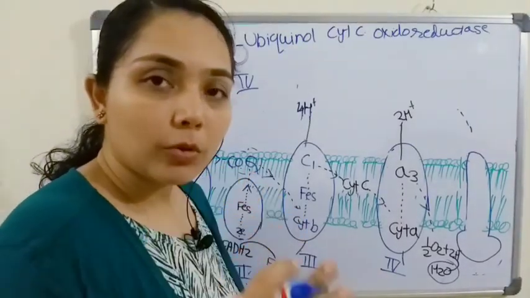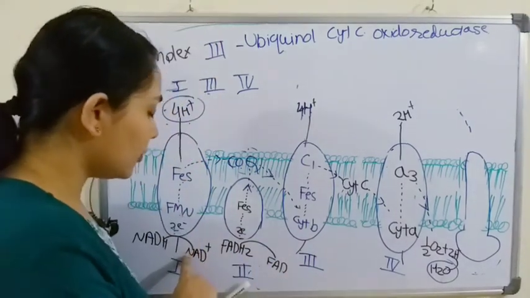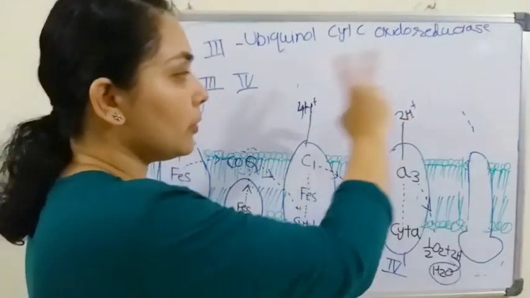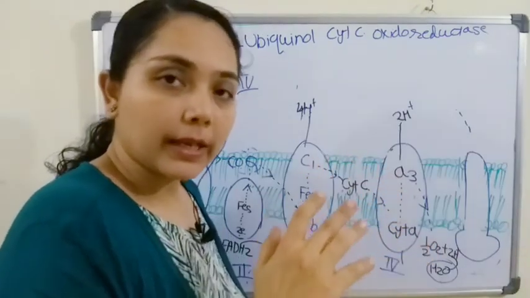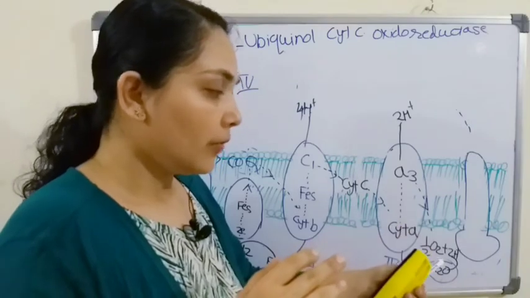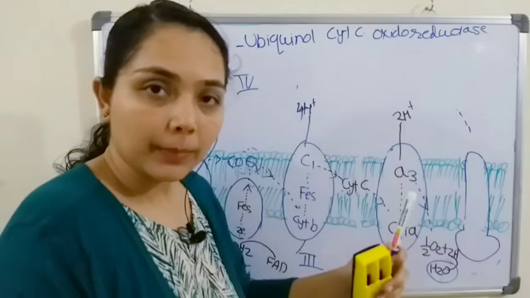How many protons is NADH contributing to the intermembrane space? NADH contributes 4 plus 4 plus 2, that is 10 protons. When the electrons move from NADH finally to oxygen, 10 protons move from the matrix to the intermembrane space.